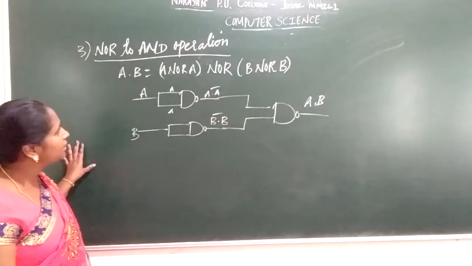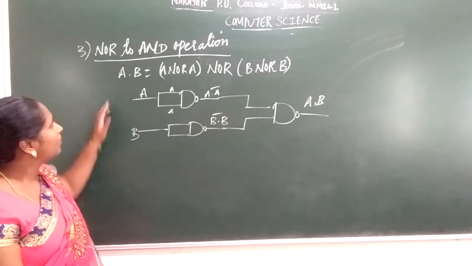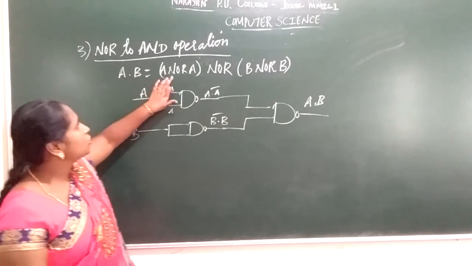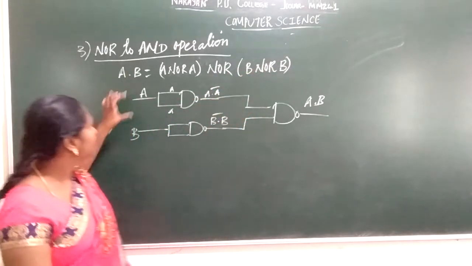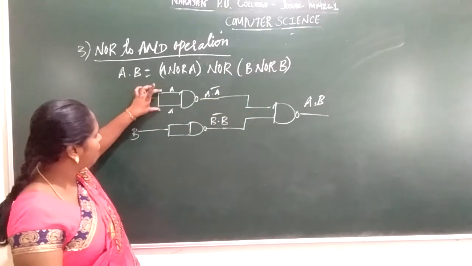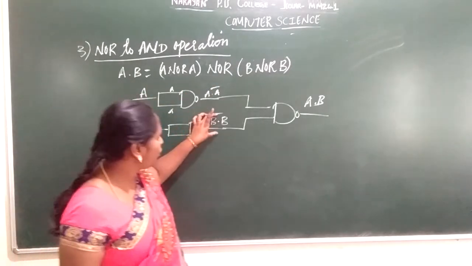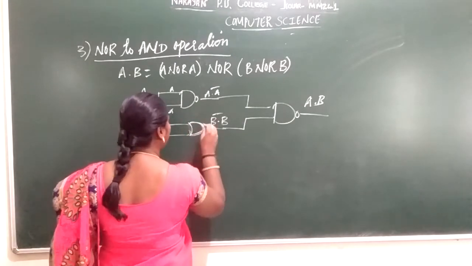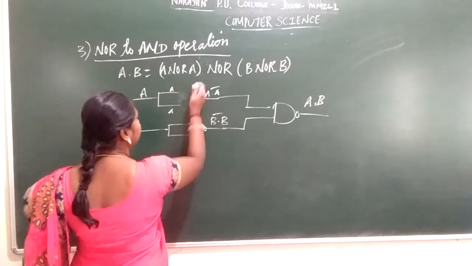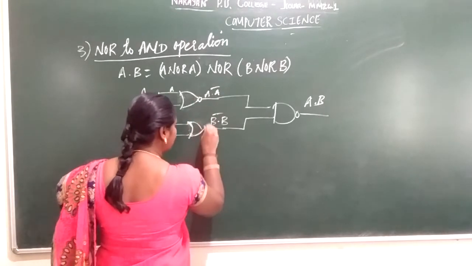This is the result for this logic circuit diagram. So I have taken a, b, implemented a NOR of a, and b NOR of b, both under NOR gates, and the final one is also a NOR gate.